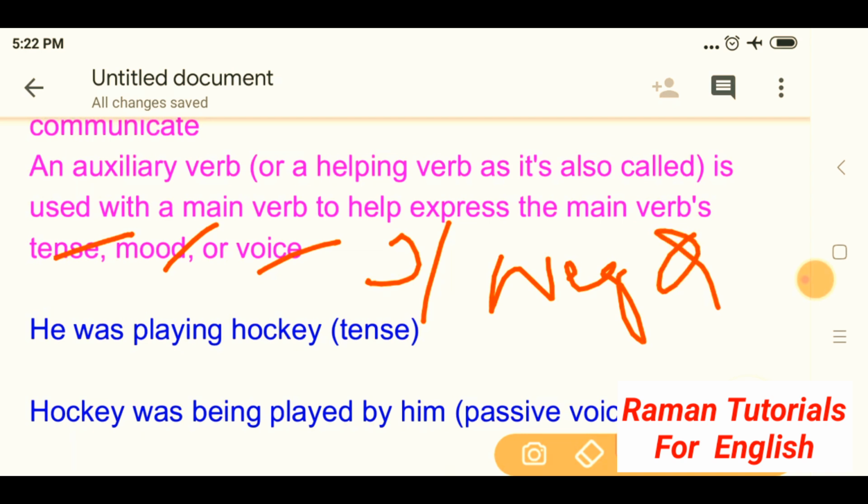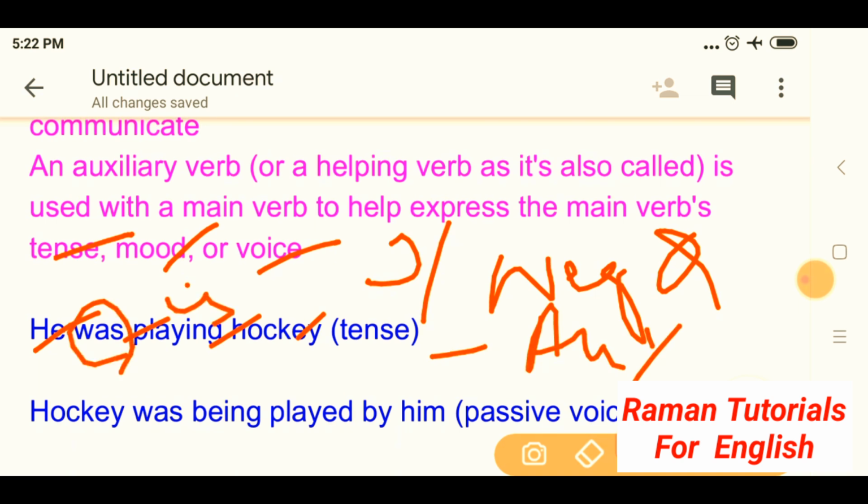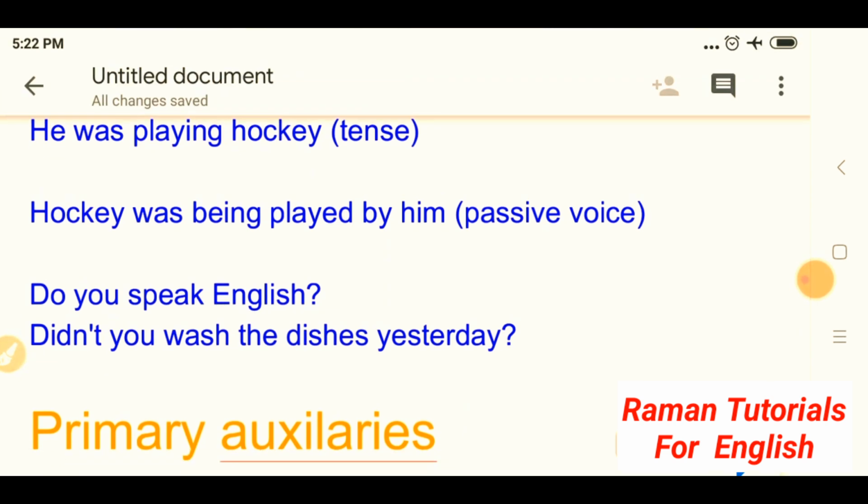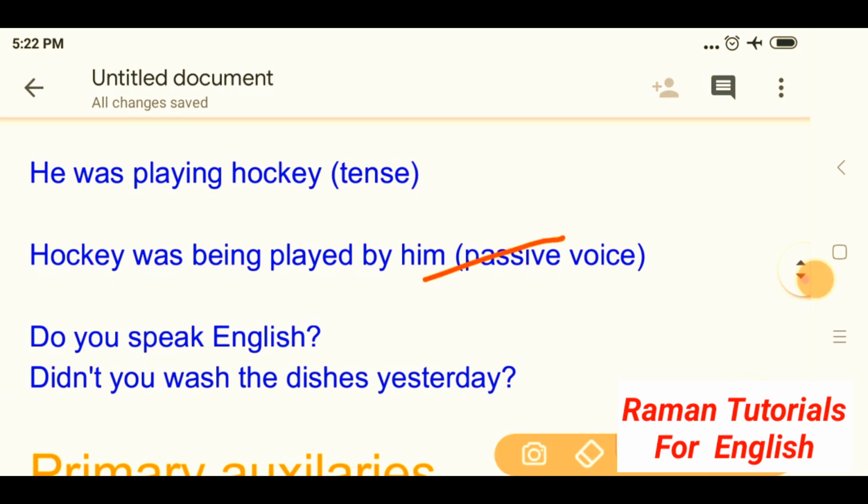Here, see, he was playing hockey. So we can change the sentence into any tense by using an auxiliary verb. If I use he is playing, it becomes present continuous tense. And the next example, hockey was being played by him. So the sentence is in passive voice.